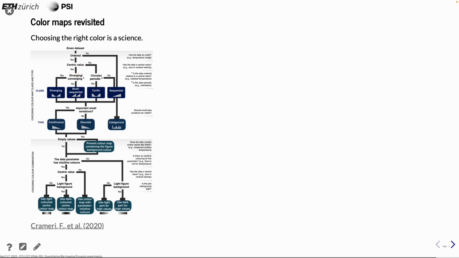This is very small, but in principle it asks you a lot about your data set, and with that you finally arrive at the right type of color map. More about this in that paper. In principle, you have plus-minus, also divergent color maps, continuous color maps, and categorical color maps. And depending on what you want to do, each one is the better choice.